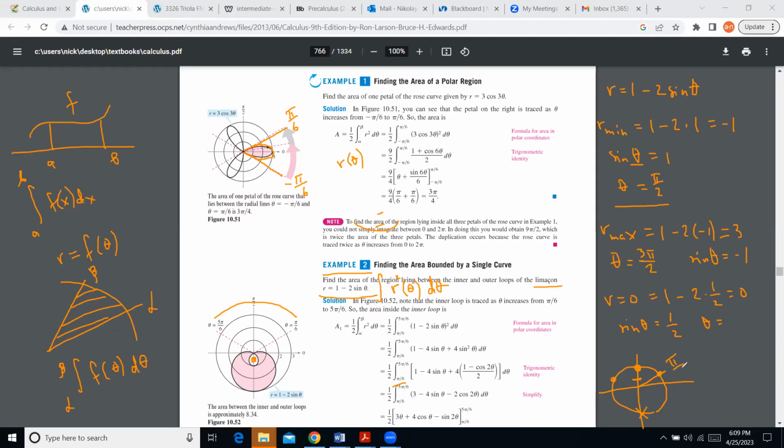And then you take that pi over 6 of pi, so it'll be 5 of these pi's over 6. So pi over 6 and 5 pi over 6. So that's when we get to the 0.